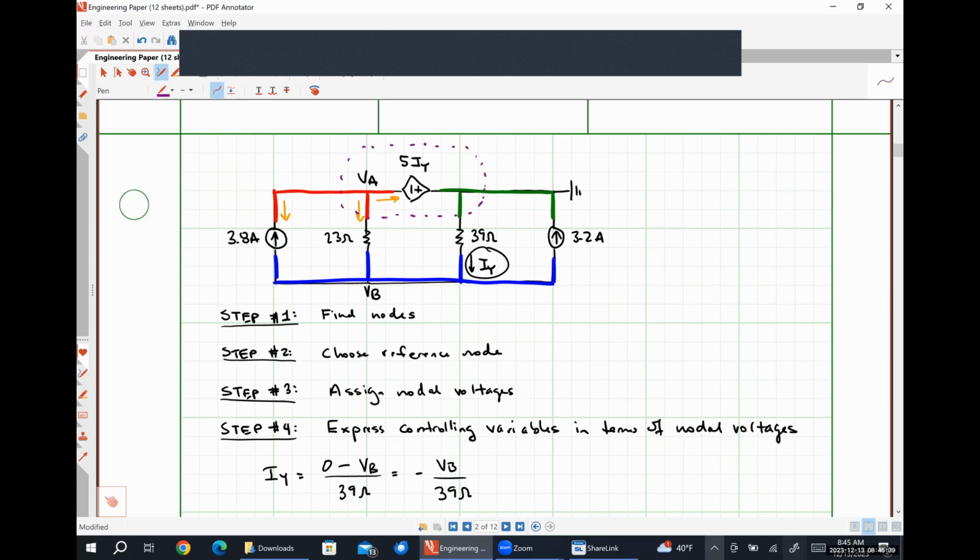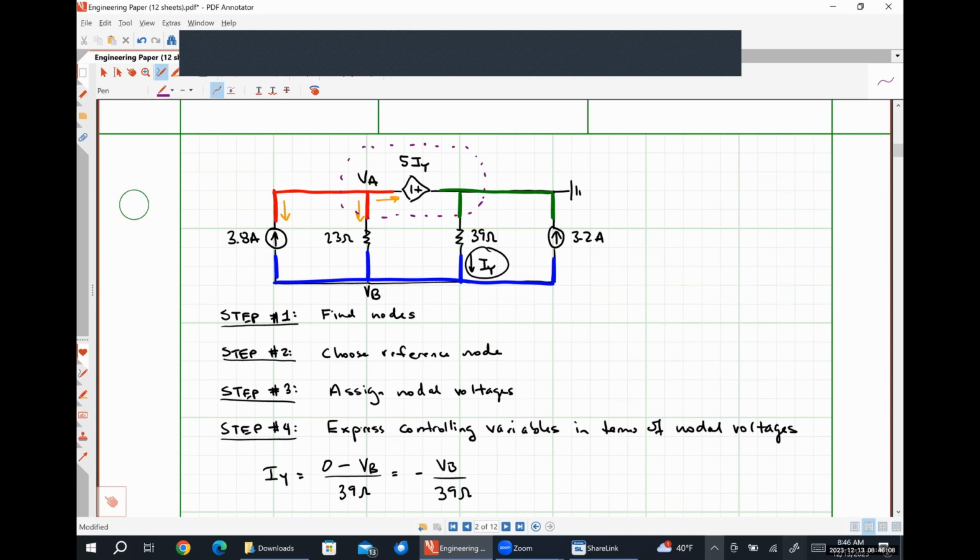So my supernode in this particular case contains both nodes A and our ground or reference node. Now, we never write a Kirchhoff's current law equation for our ground node, which means we are not going to write a Kirchhoff's current law equation for any supernodes that contain ground either, okay?